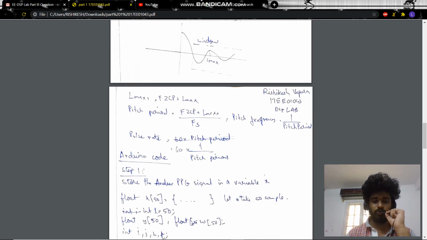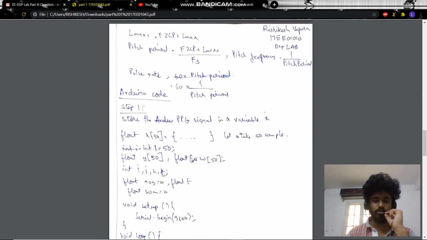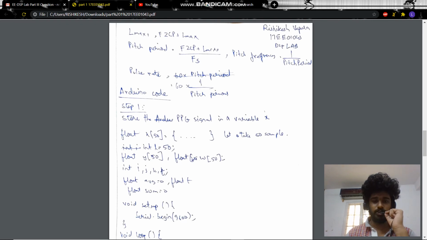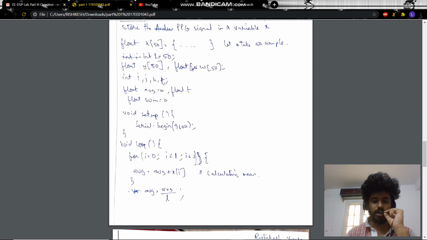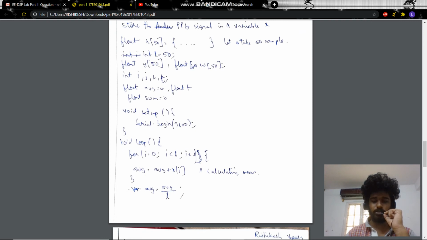The Arduino code for the above experiment is shown. First we take a PPG signal of sampling frequency 100 Hz. Let us take 50 samples. Then we calculate the mean of the PPG signal, because the mean of the PPG signal will not have any significance, and we subtract the average from the original signal.